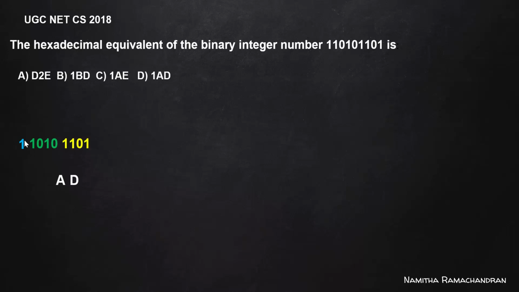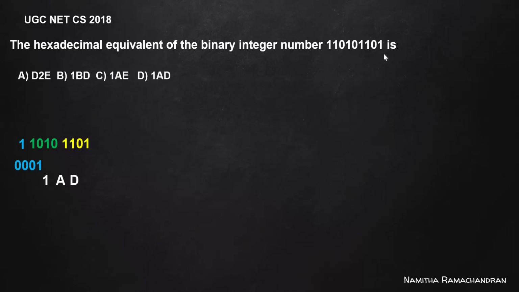It will not change the actual value. So we can add 3 more 0 to the left end. Now this 1 becomes 0001. This group actually indicates hexadecimal 1. So 1AD is the hexadecimal equivalent corresponding to this binary pattern.